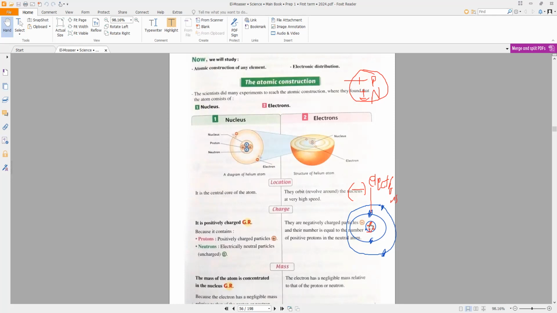Why? Because it has protons that are positive charge and the neutrons that are neutral charge. So the charge of the nucleus is positive, but the charge of electrons is negative, and the number of electrons equals the number of the protons in the neutral atom.